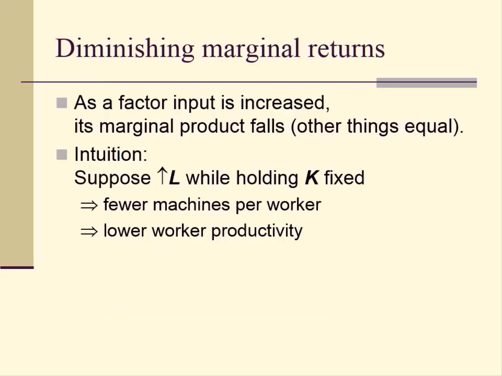So many production functions have this property of diminishing marginal returns. That is, as a factor input is increased, its marginal product falls, other things equal. And the intuition is that if labor is increased while holding capital fixed, there are fewer machines per worker, and this will lead to lower worker productivity. In terms of calculus, when you take the partial derivative of marginal product of labor with respect to L, that should be less than 0, or negative.